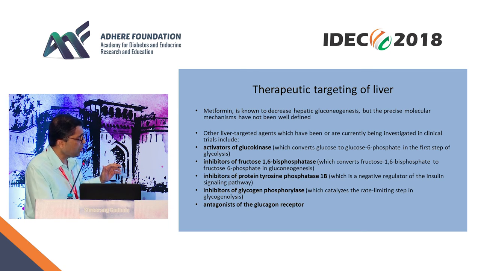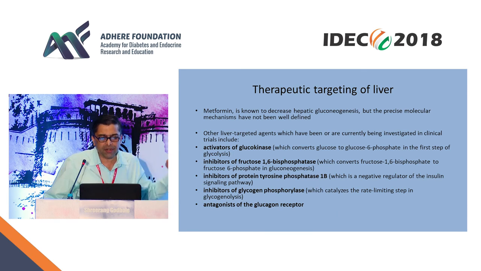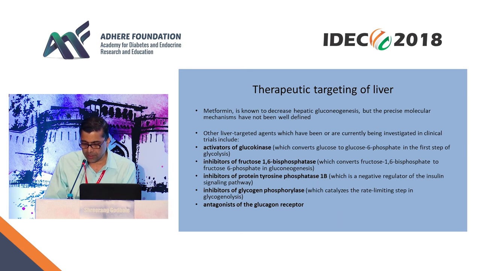Then you have inhibitors of fructose 1,6 bisphosphatase, inhibitors or regulators of insulin signaling pathway, inhibitors of glycogen phosphorylase, and glucagon receptor antagonists. Again, the problem with glucagon receptor antagonists is vomiting, sometimes the non-specificity. But they are being studied, and I'm sure if we can take care of the adverse effects, it will give a substantial addition to our therapeutic armamentarium.